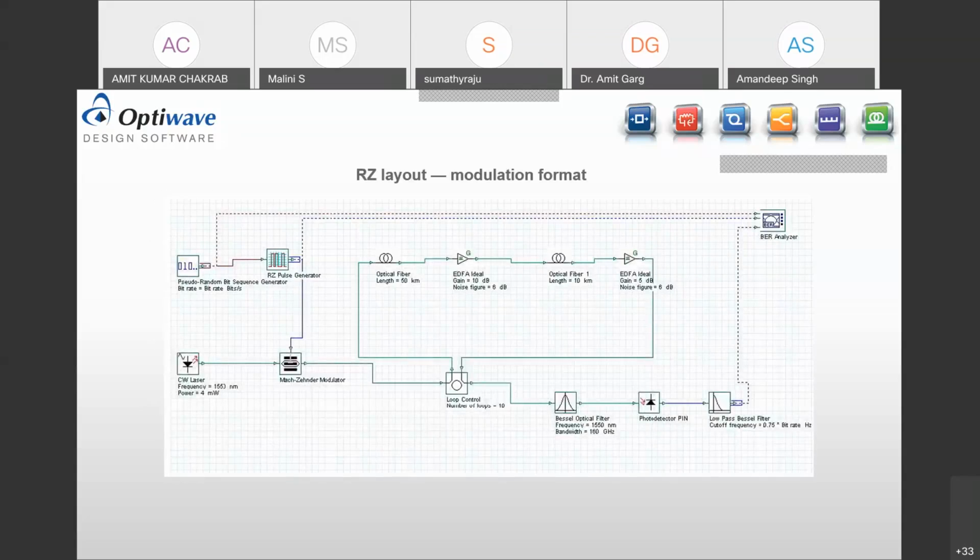So this is the RZ layout modulation format. It is typically similar to the format we discussed yesterday. We have used a pseudo random bit sequence generator along with an RZ pulse generator with a CW laser. The power we have decided here is 4 milliwatt.